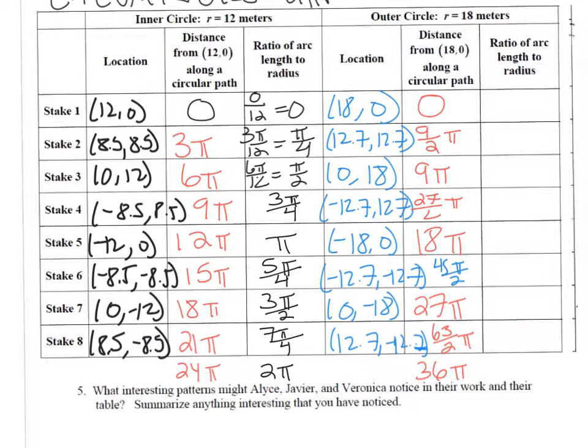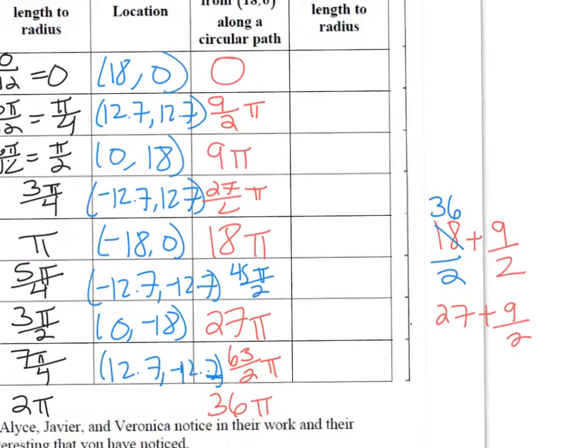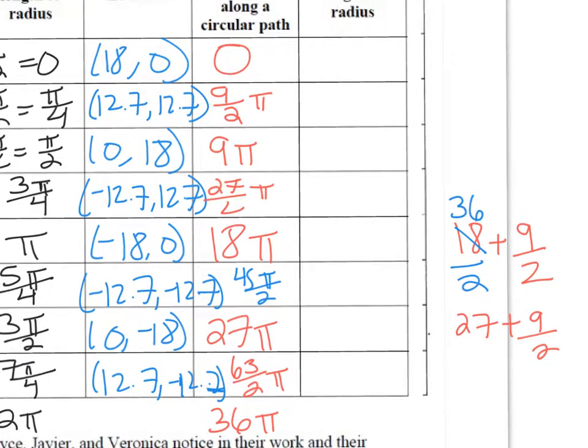Okay, it's a little bit harder now when we do the outer circle because we have some of these fractions. Let me give myself some space. So 0 over 18 is still 0. Now we're going to do 9 over 2 pi divided by 18.